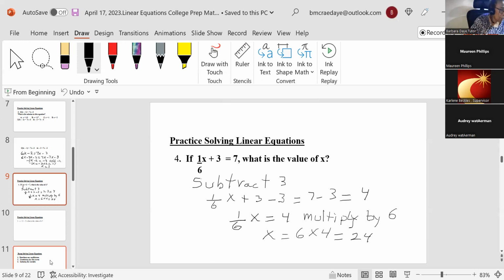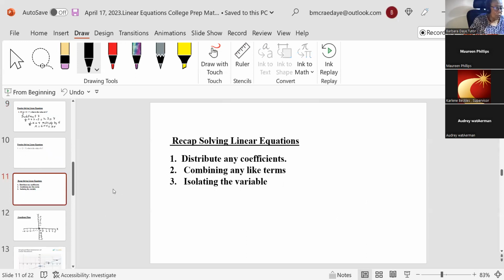Now, just to recap, whenever you're solving any equation, you want to distribute any coefficients. That means if you have parentheses, you multiply by everything within the parentheses. Then you combine the like terms.